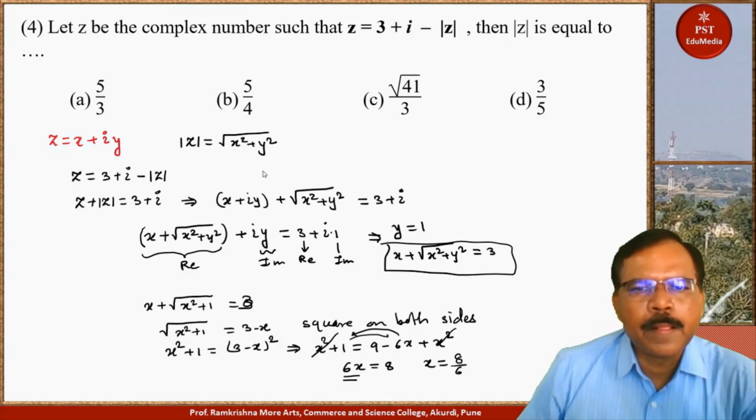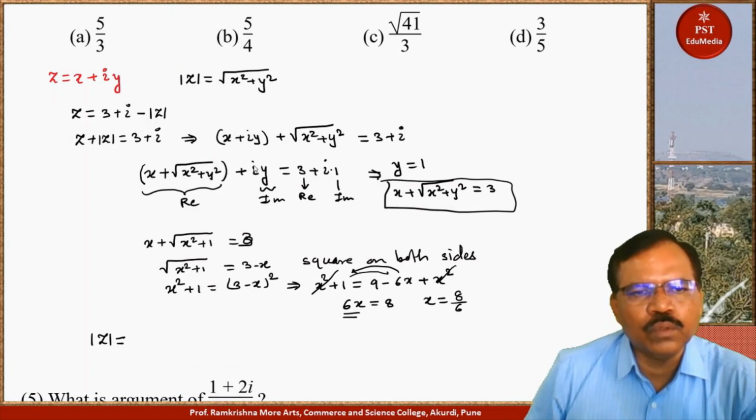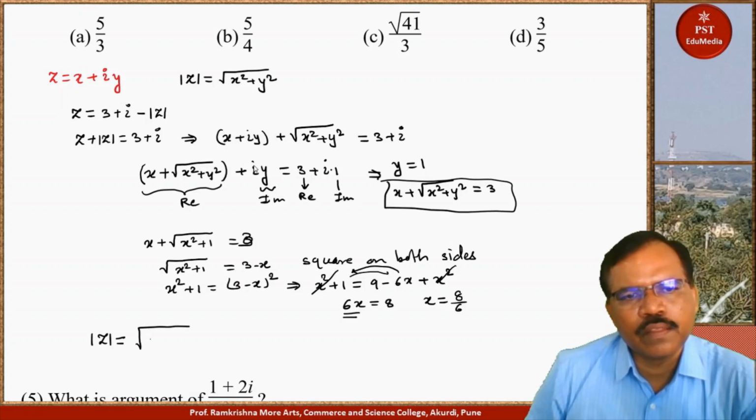Now modulus of z is equal to root of x squared plus y squared. So this is equal to root of (8/6) squared plus 1, where y is 1.